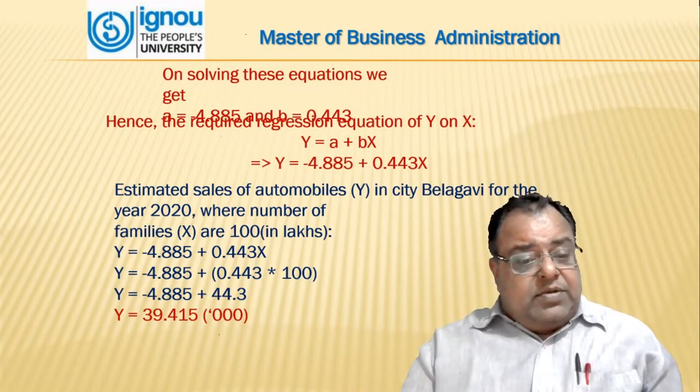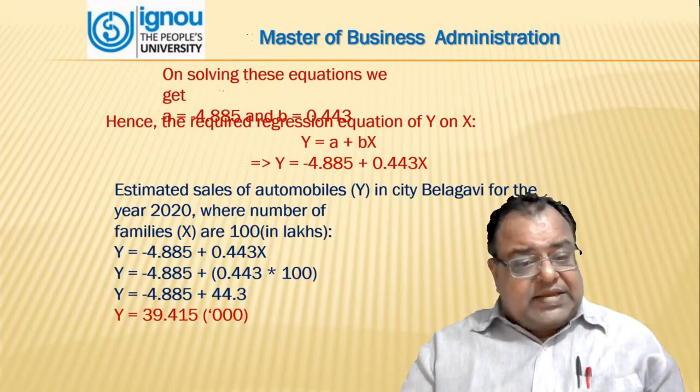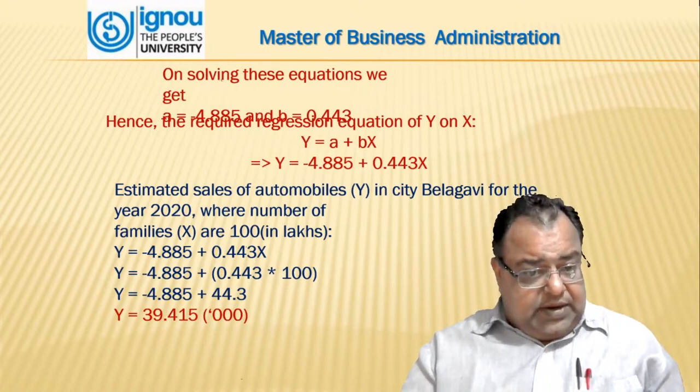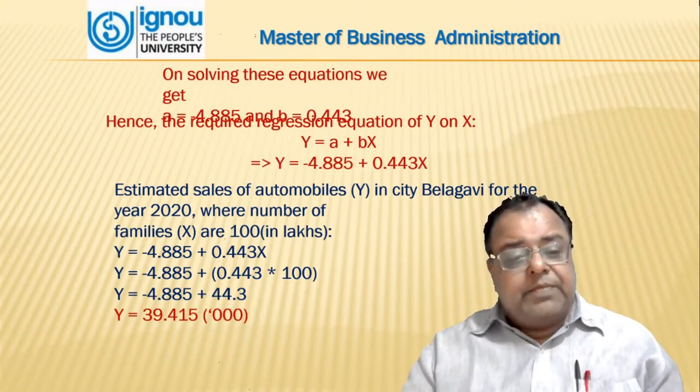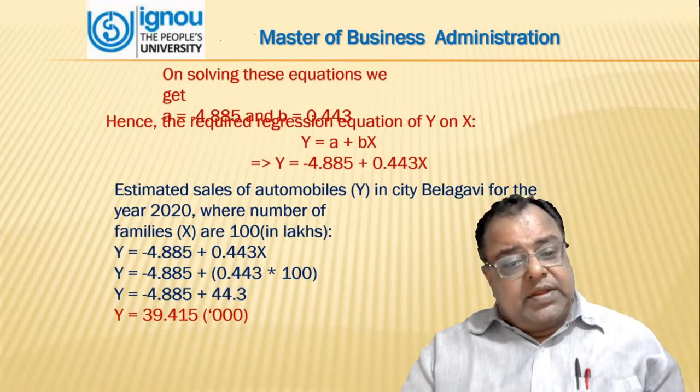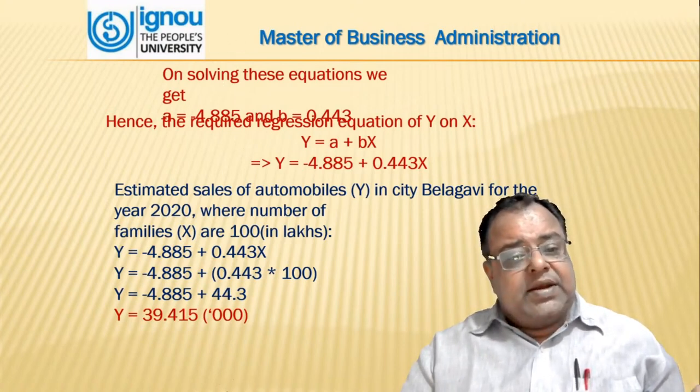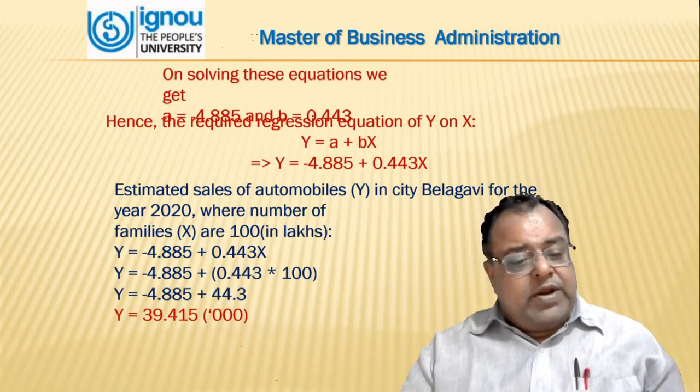Placing the value of X, that is 100, in the equation, we get a value of Y equal to 39.415, which means the estimated automobiles for the city in 2020 will be 39.415.